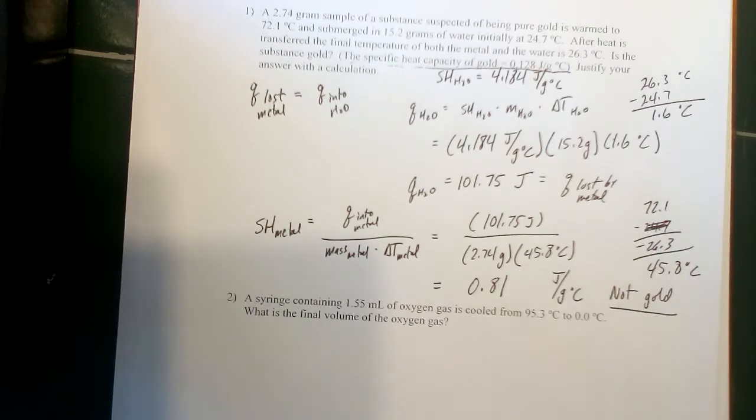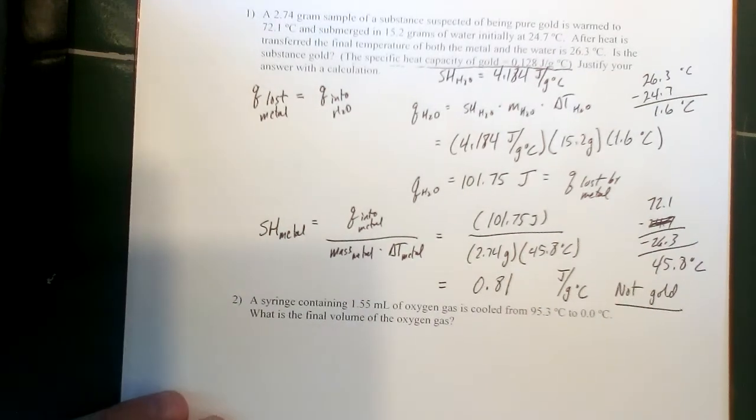And you would find out the quantities of heat don't match. The amount of heat that went into the water would be different from the amount of heat that would have come out of a sample of gold had it lost that temperature. I don't think that's quite as direct of a way to analyze the problem, but it is a way you could analyze it as long as you're keeping track of all your units.